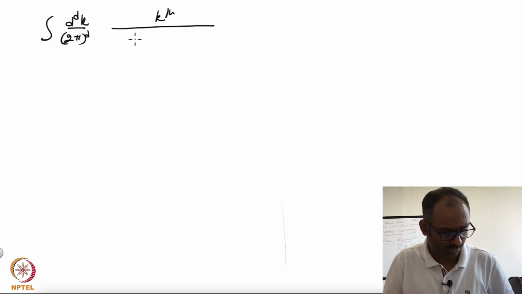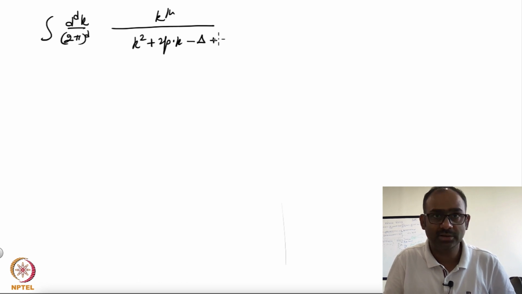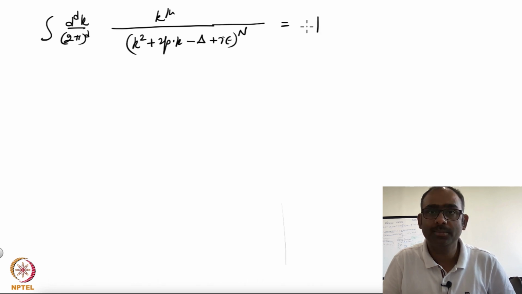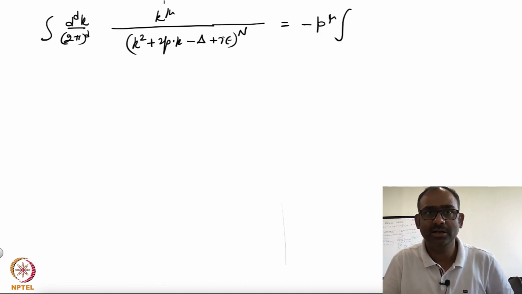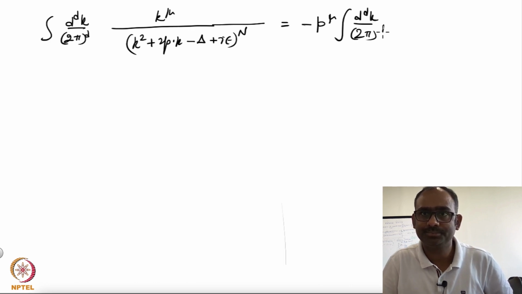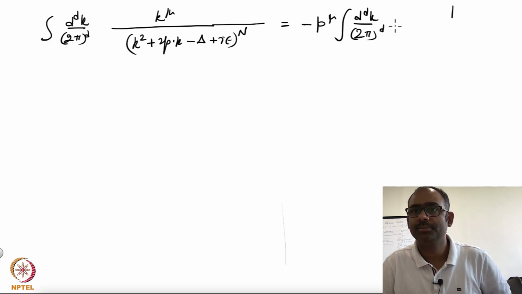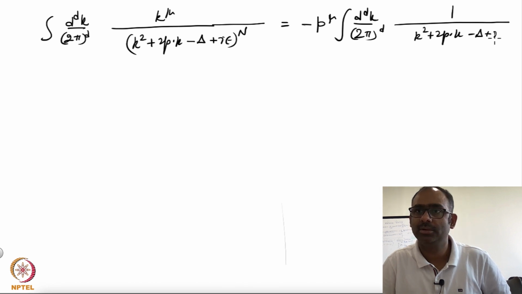So, this is the explicit result, but if I were to relate the two results, then it is the following. The integral d^d k over (2 pi)^d, k mu over (k square plus 2 p dot k minus delta plus i epsilon) to the power n, is equal to minus p mu times the integral without k mu, the scalar integral d^d k over (2 pi)^d.